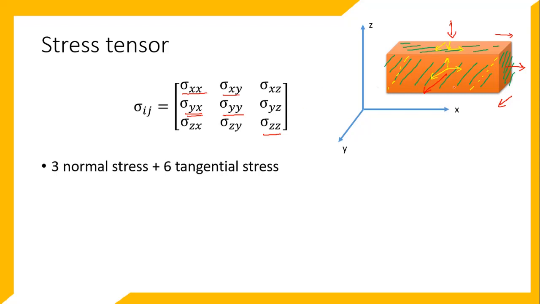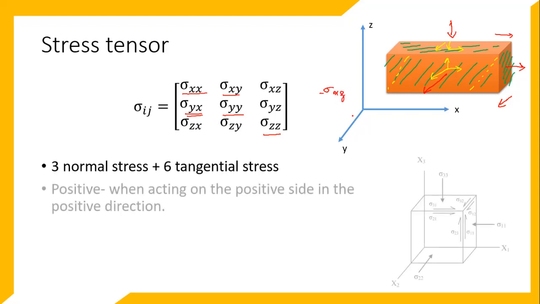Since we have talked only about the positive faces, say we have a negative x face here. When the force is applied on this surface, then we have to take the negative of that. Suppose a force is on the negative x face in the z direction, then it is minus xz, just the negative of that.